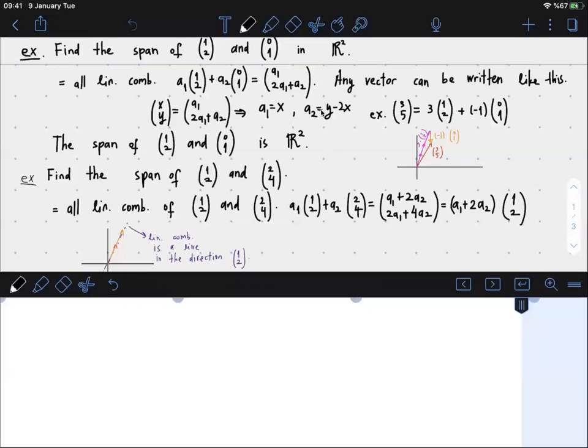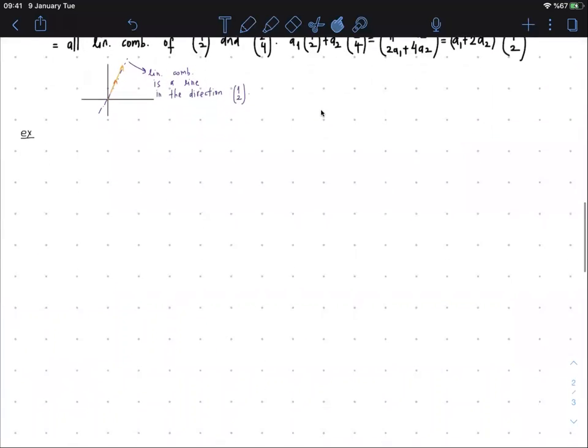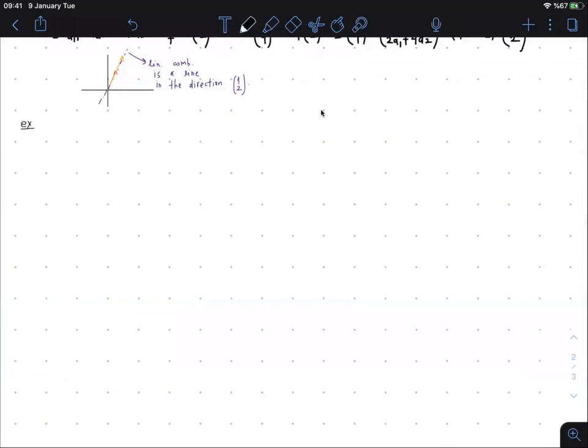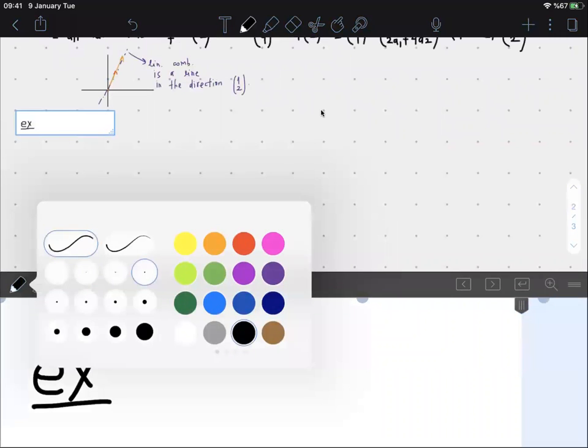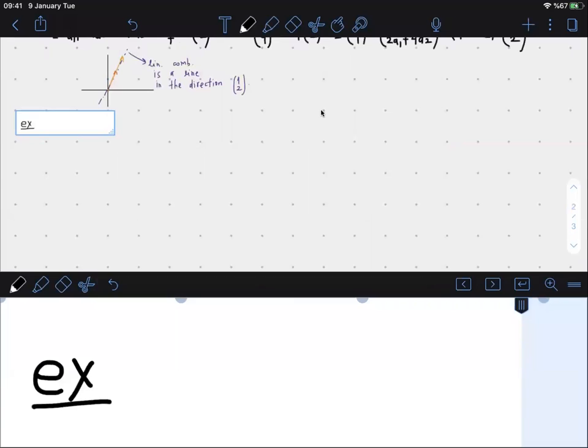Okay. So we talked about vectors, span of vectors in R2. Let's talk about span of vectors in R3 as well. So let's take, for example, what is the span of two vectors in R3?